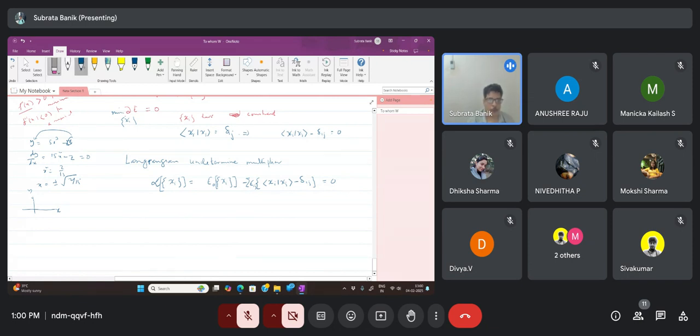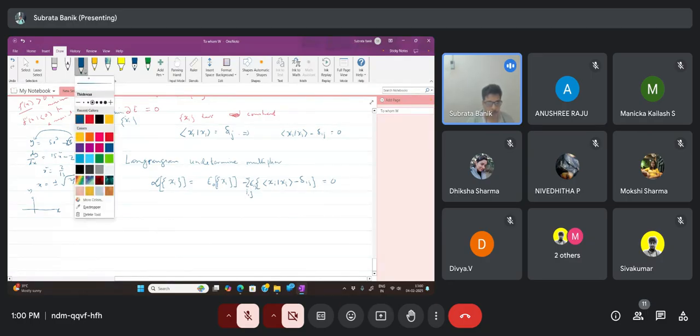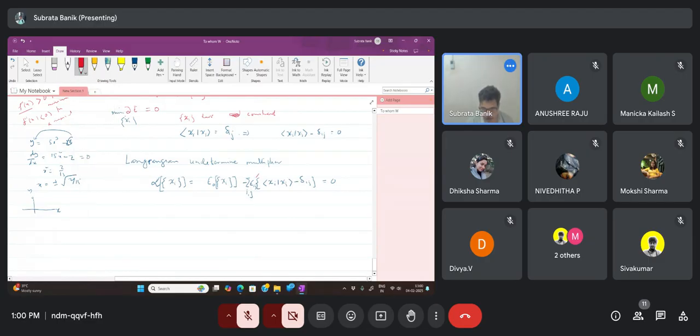If I have n number of i and n number of j, for each i and j this term equals 0. So I have multiplied this term with another constant, epsilon ij. So epsilon ij is the multiplier.